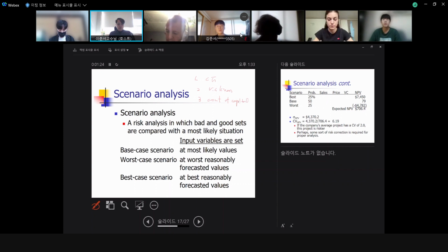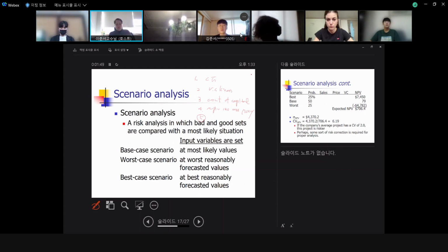The fourth step is we need to use a methodology to decide whether or not we accept the project, such as NPV, IRR, MIRR, payback period, just like that. And finally, in the final step, we can make the decision.